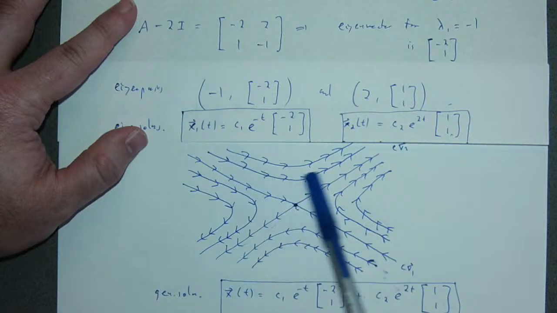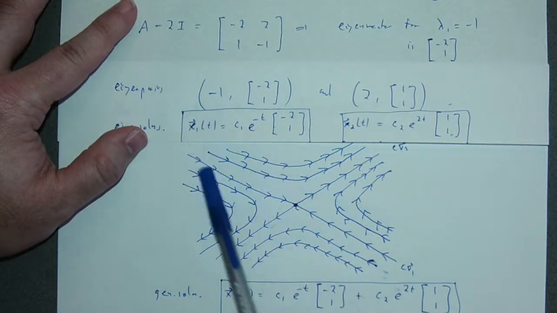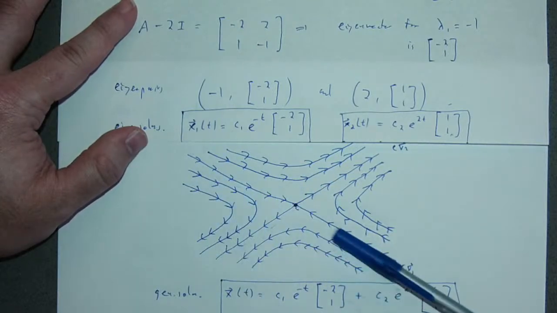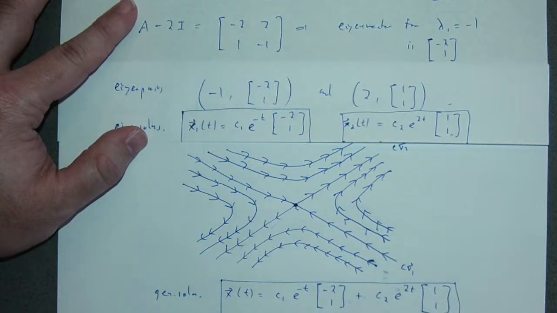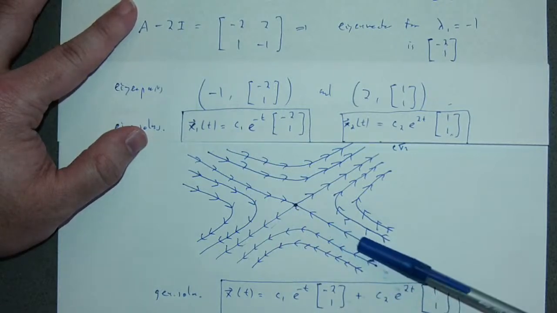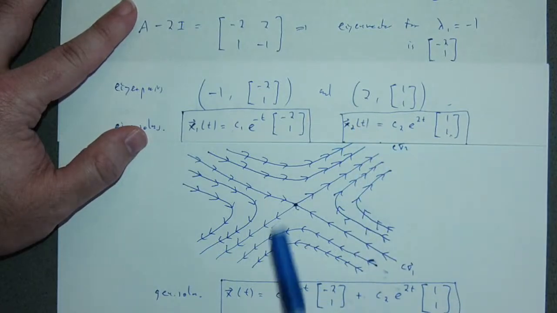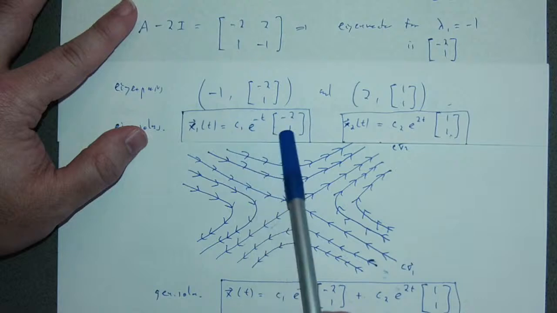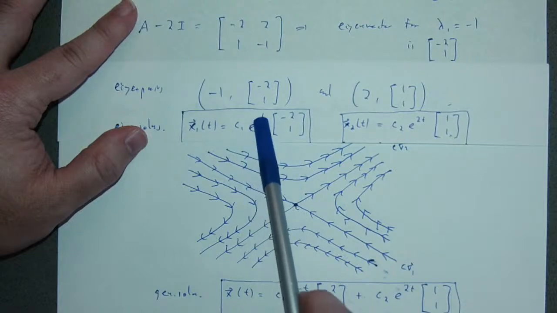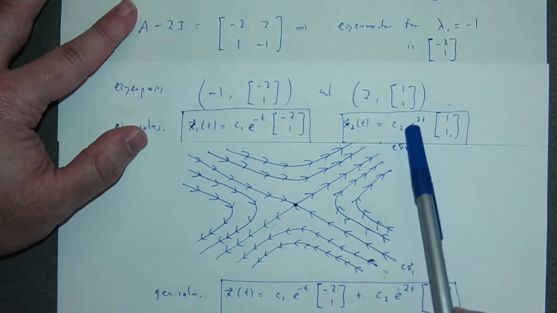Notice the arrow of direction here goes from a direction that aligns with the eigensolution x1, and it sweeps towards aligning with eigensolution x2. That's because as t goes to positive infinity, this x1 eigensolution goes to 0 because it's e to the minus t, and this one goes to infinity, e to the 2t.